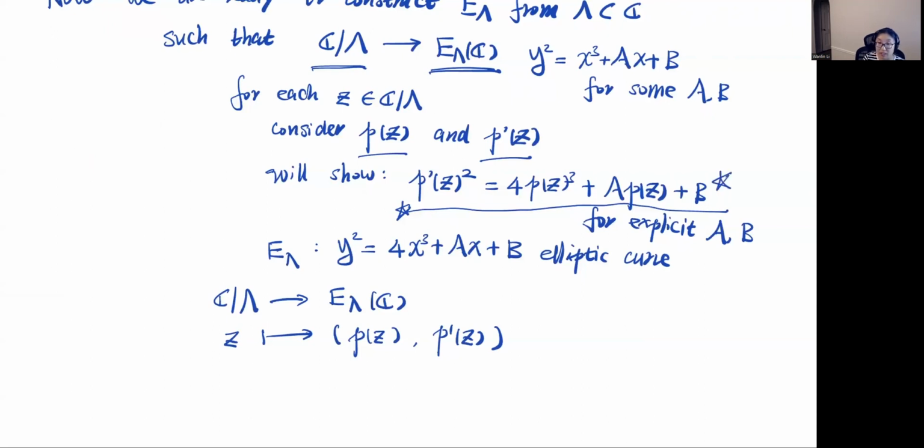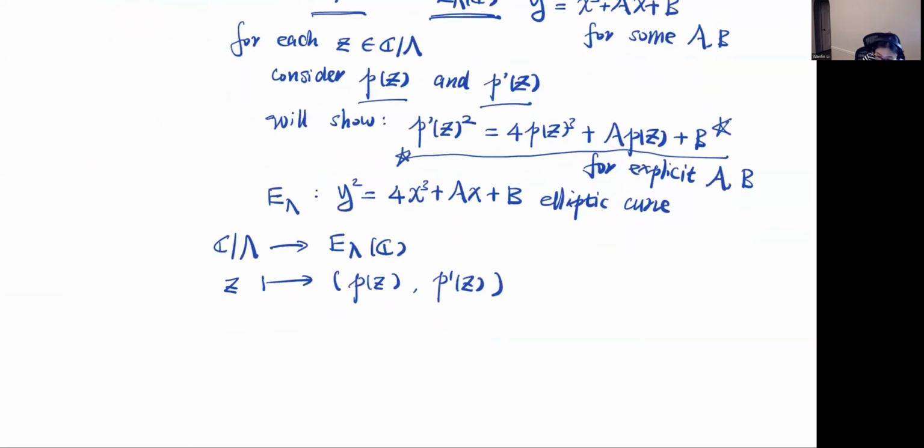Once I can show this equation star, then I have given you what I promised: if you give me a lambda, I can construct an elliptic curve for you, and C mod lambda has a bijection to the set of complex points on this elliptic curve I constructed for you.